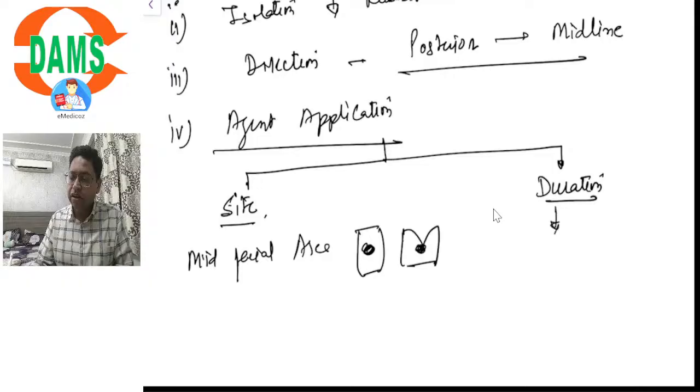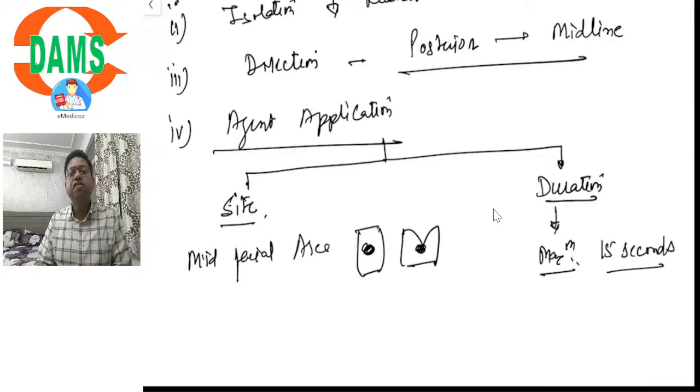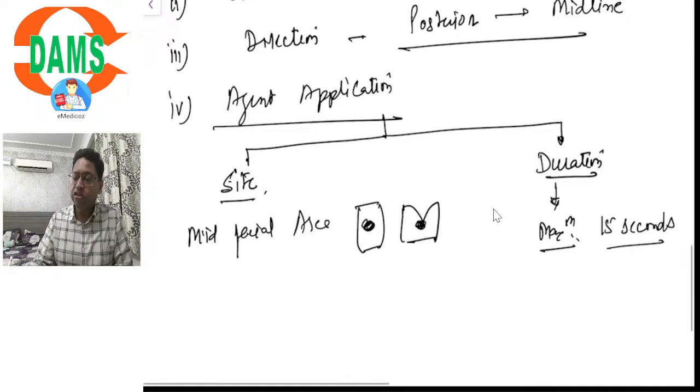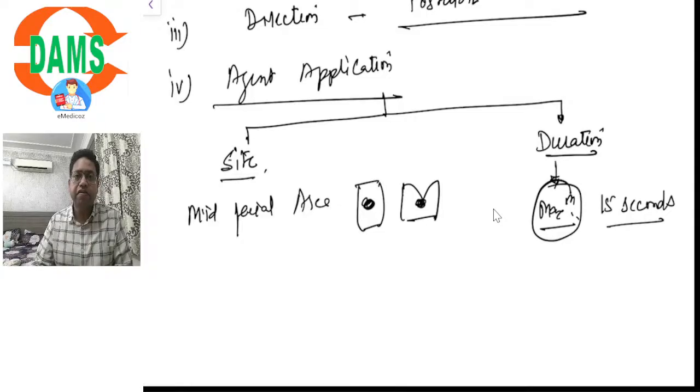And the duration, maximum, we have to apply for 15 seconds. Beyond that, there are chances that there would be cold injury to the pulp. Our purpose is to determine the status of the pulp and not to damage the pulp. Okay, so the maximum duration should be 15 seconds.